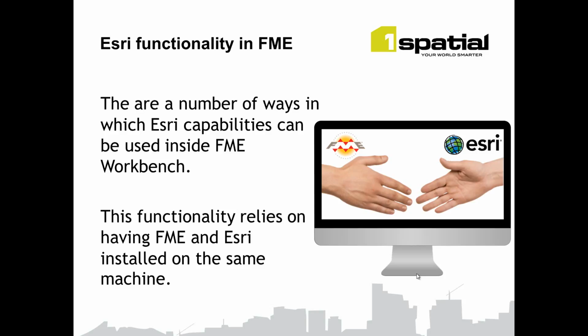Now that could be a physical box or it could be a virtual machine, but either way those two applications have got to sit next to each other in order for you to effectively use the two tools together. That goes for server environments as well. If you had FME Server and you wanted to do some of the things I'm going to be showing you within your workspaces running on FME Server, then you would also need to have the third-party tool, Esri in this conversation, installed on that same machine.